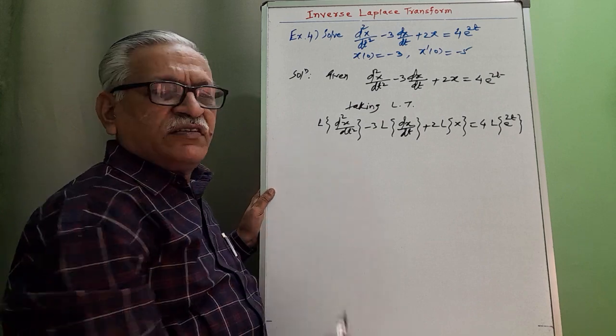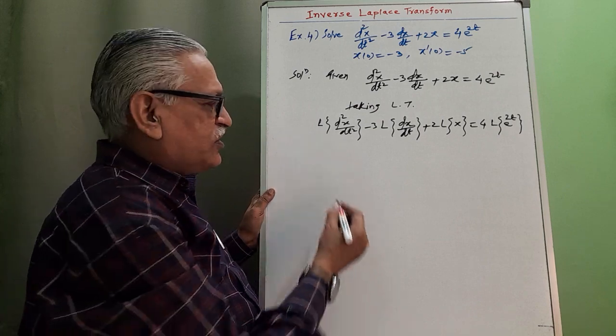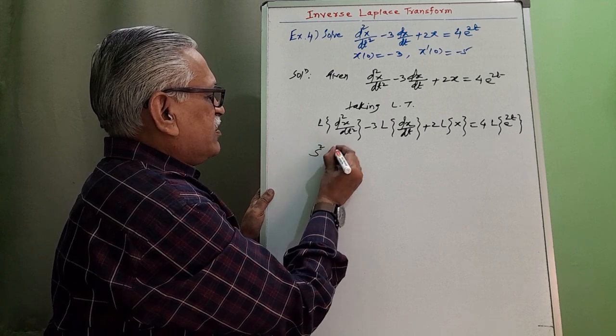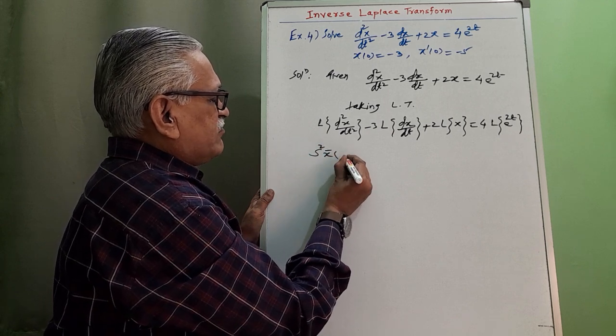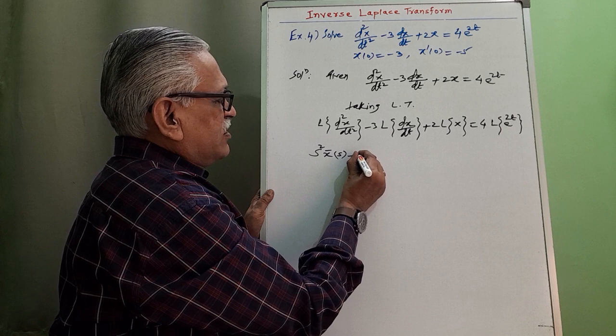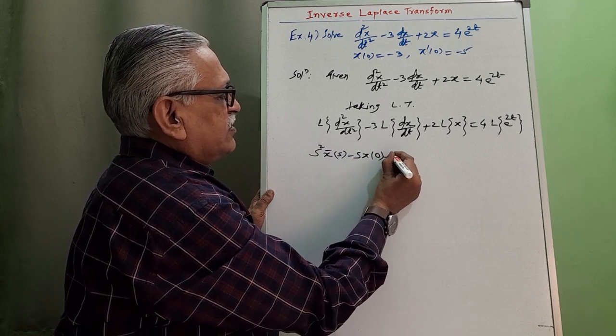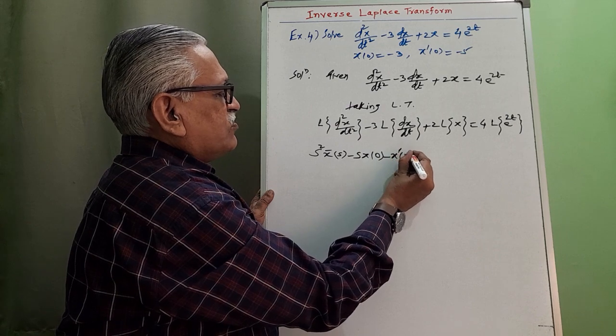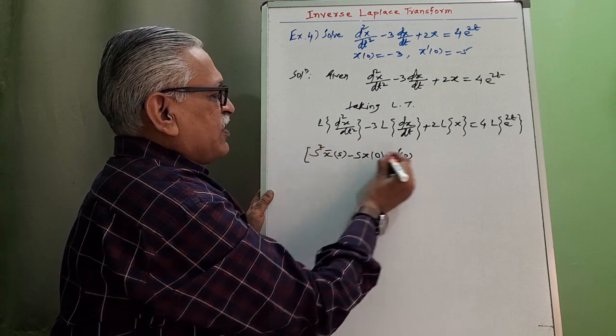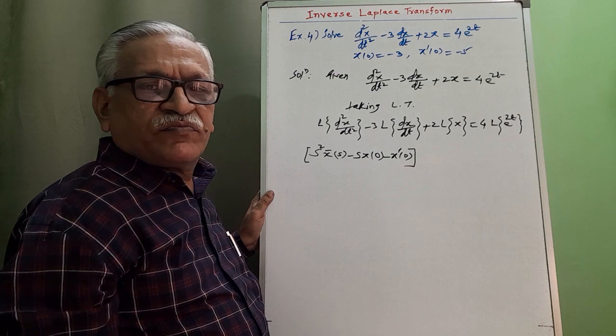Applying the standard result for Laplace of second order derivative, it is s square x bar of s minus s x of 0 minus x dash of 0. This is the Laplace of second order derivative.